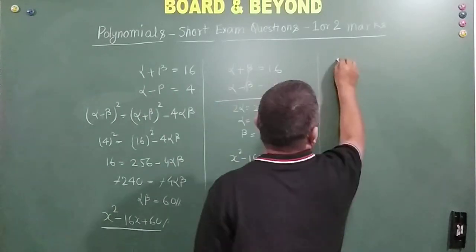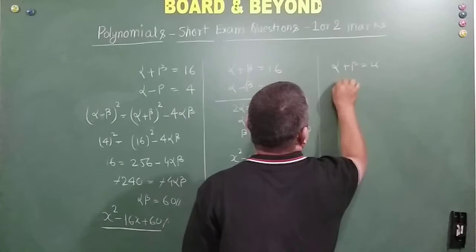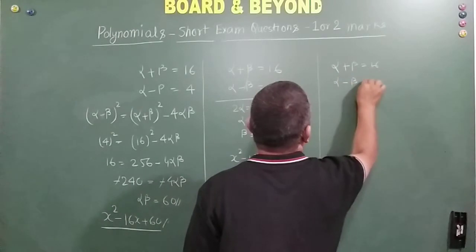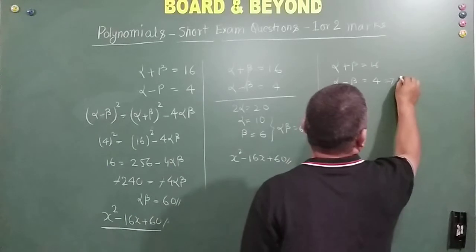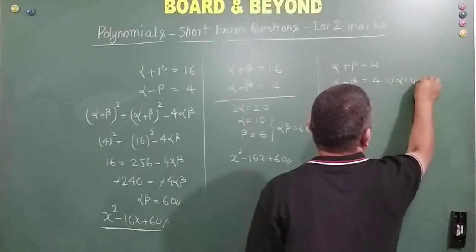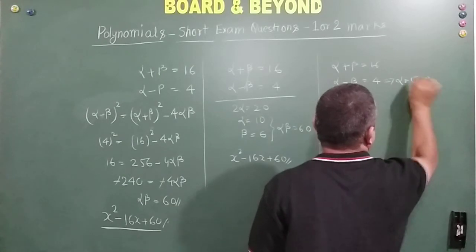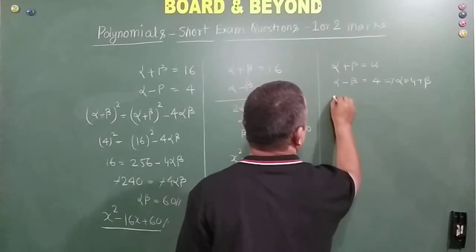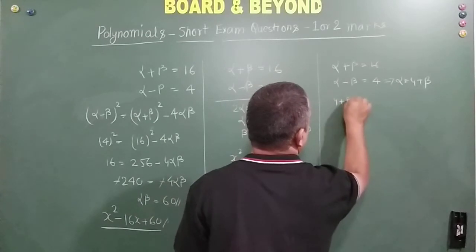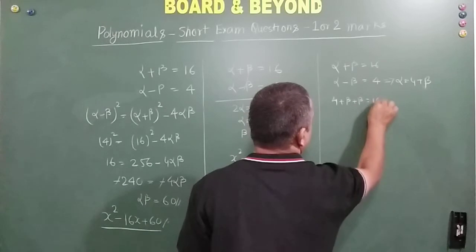Now see, there is another method of doing it. Alpha plus beta is equal to 16 and alpha minus beta is equal to 4. This also implies that alpha is equal to 4 plus beta. Putting this in the first equation, 4 plus beta plus beta is equal to 16.